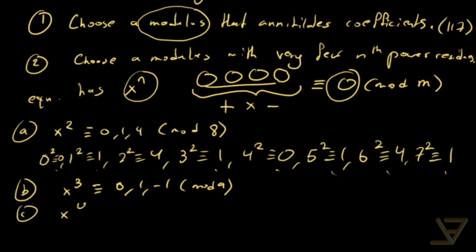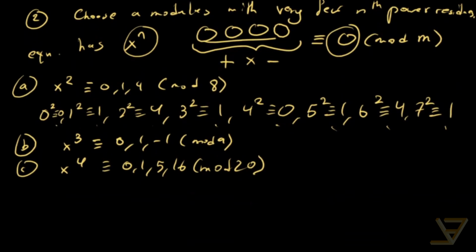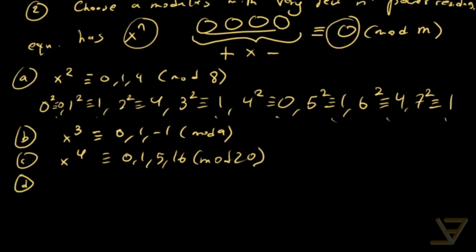We have x to the 4 is congruent to 0, 1, 5, and 16 mod 20. And the last example that I'll give you is x to the power of 5 is congruent to negative 1, 0, and 1 mod 11.